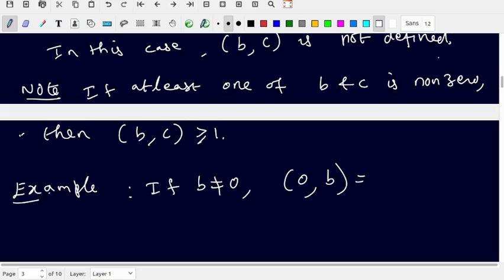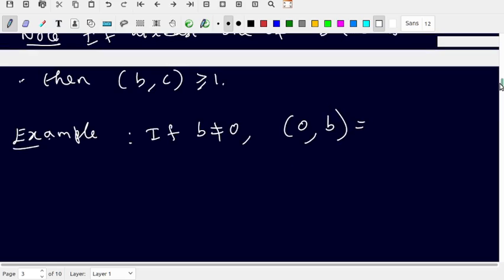We list out the divisors of 0 and the divisors of b, then choose the largest positive common divisor. 0 has divisors 1, 2, 3, etc., all the positive integers. b may have many positive divisors; the least is 1 and the largest is b, since b divides itself.